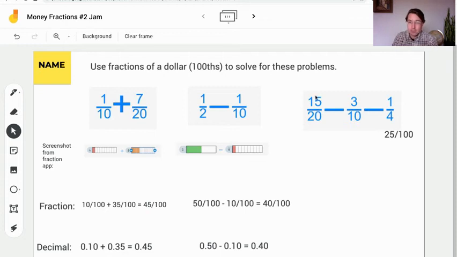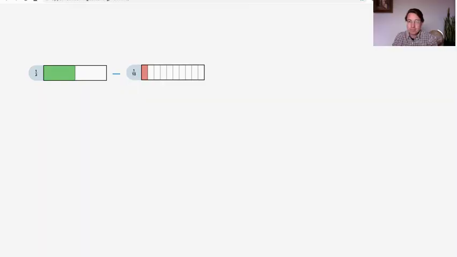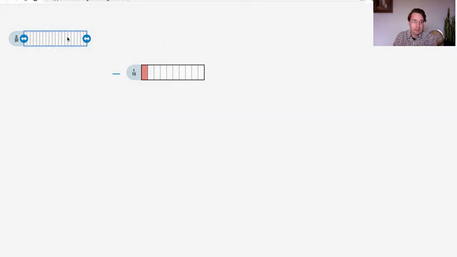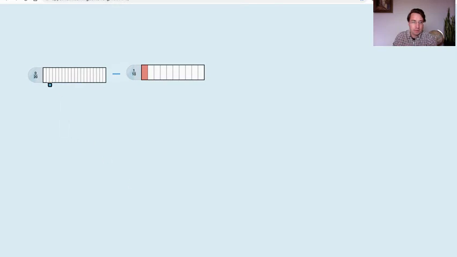Let's go back to the fraction app. So 15 20ths. We're going to take a new bar. We're going to make it out of 20. 15 20ths. Let's go ahead. We'll make it blue. And there we go. 15 of those.